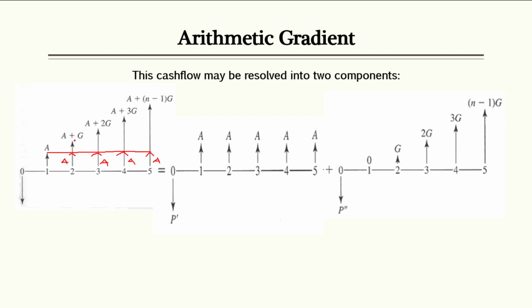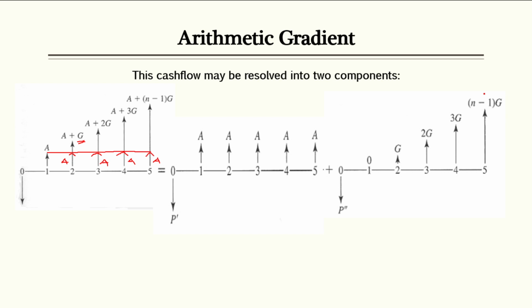Sa year 2, meron tayong sobra na value na G. Kasi inalis lang natin yung A, di ba? Sa year 3, since inalis natin yung A, ang value niya ay 2G. Sa year 4, ang matitirang value niya ay 3G. And so on and so forth. So, ganun mag-solve or ganun maghati ng cash flow diagram ng arithmetic gradient.